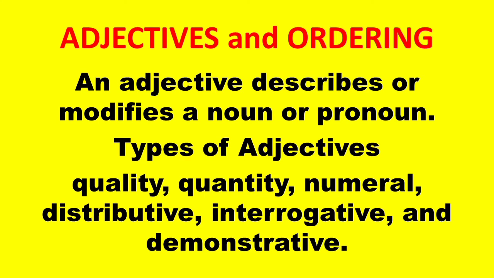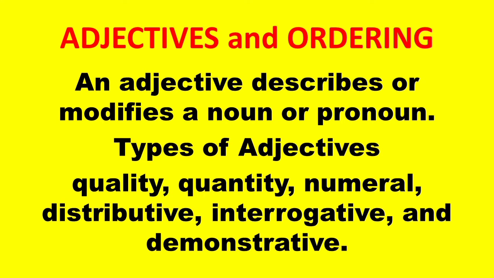Then, talking about types of adjectives, we discussed 6 of them: quality adjectives, quantity adjectives, numeral adjectives, distributive, interrogative, and demonstrative adjectives. Okay? Each of these adjectives, we did talk about the function they perform in English grammar.